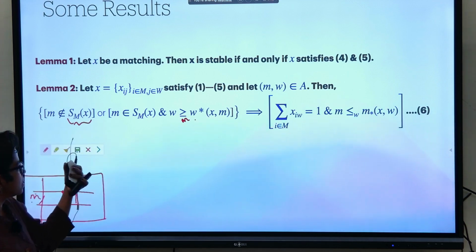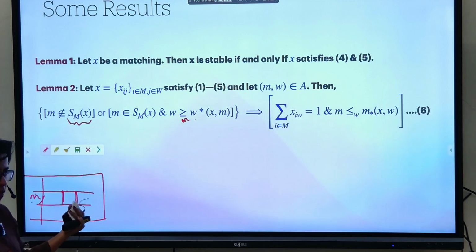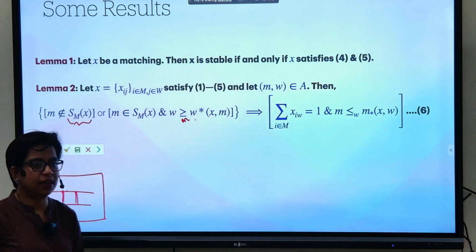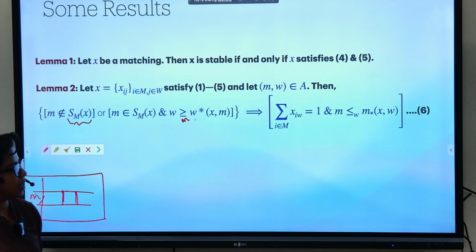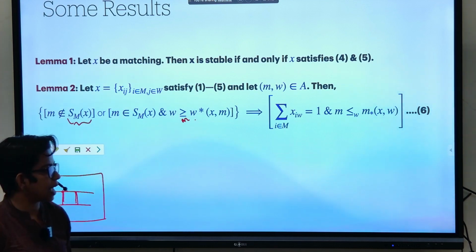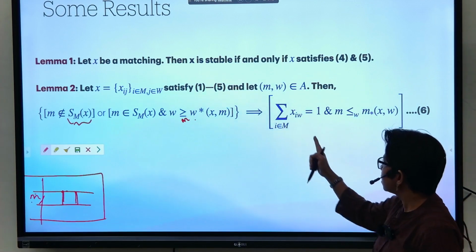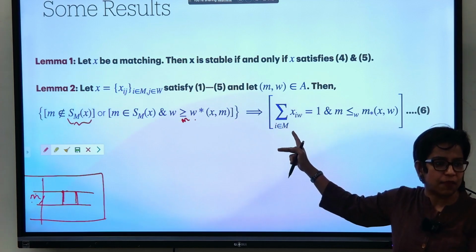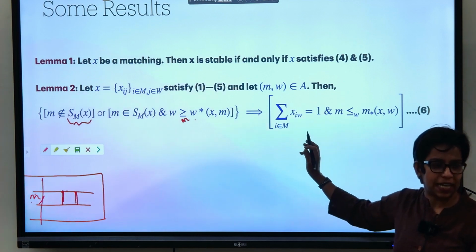If this happens, either the man goes unmatched completely, like he has nobody in his row which is assigned non-zero, or he gets matched but there exists a woman W whom he likes at least as much as the best fractional partner he has, then it must be the case that this woman is fully assigned to the available partners, like her capacity 1 is completely exhausted.